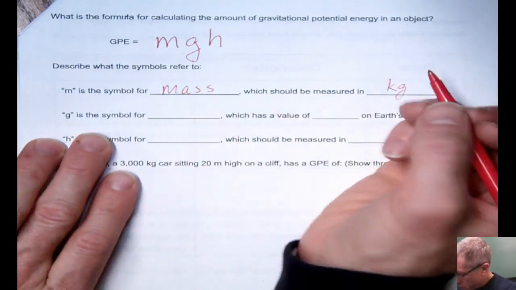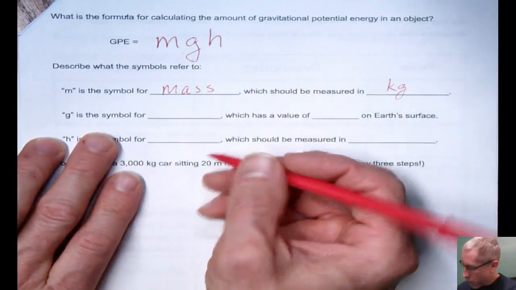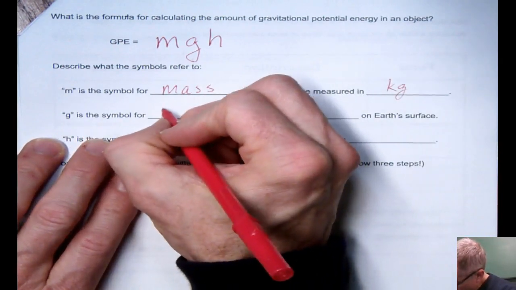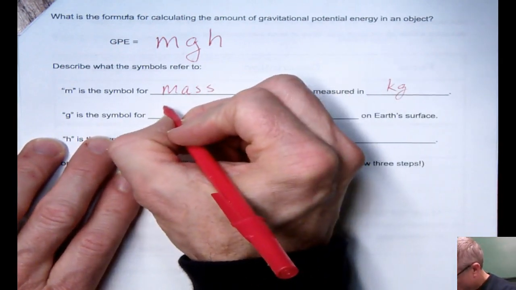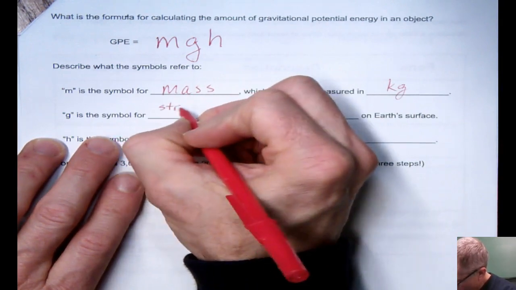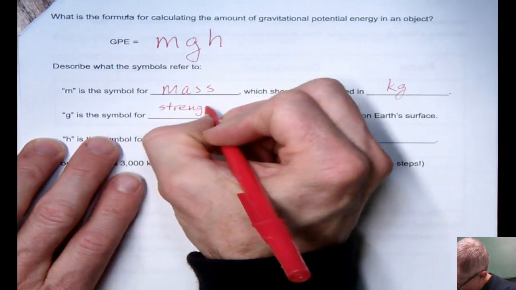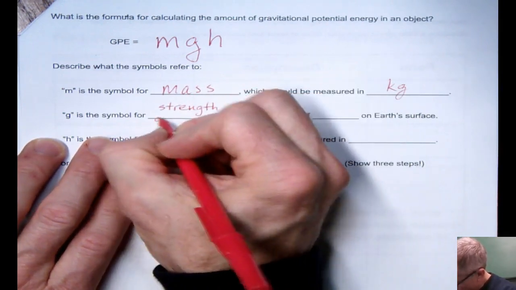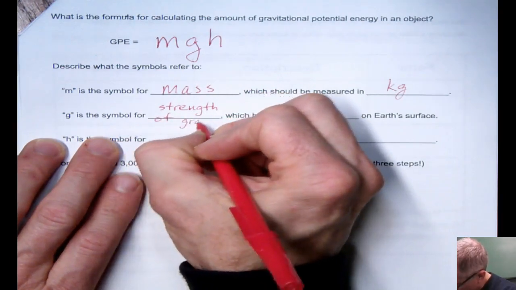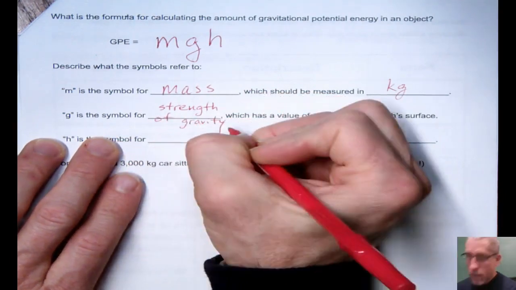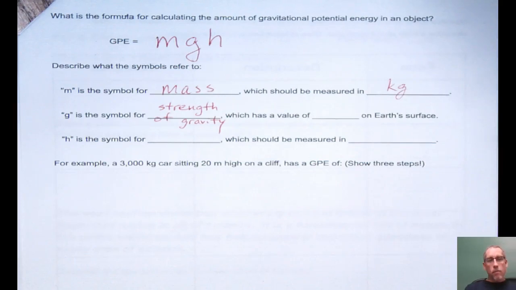G is a symbol for, now this goes by a couple names, and I like to think of it as probably the best name is the strength of gravity. I didn't give quite enough room on this line here. But the strength of gravity describes how strong the gravitational field of the Earth is, wherever you happen to be.